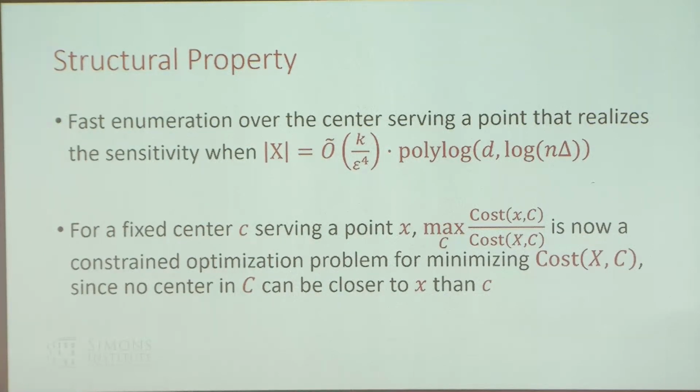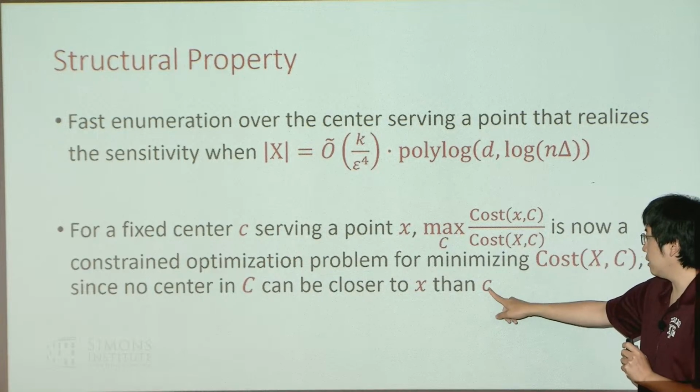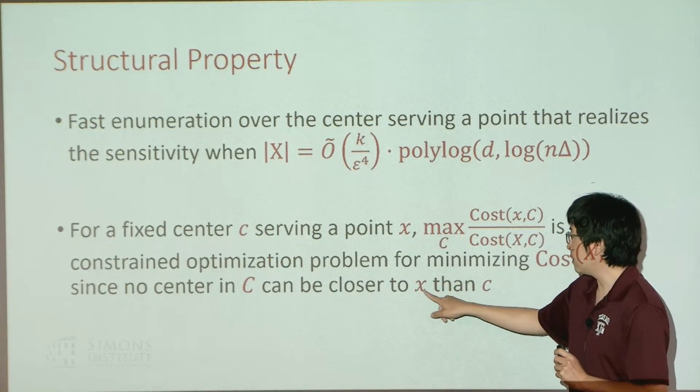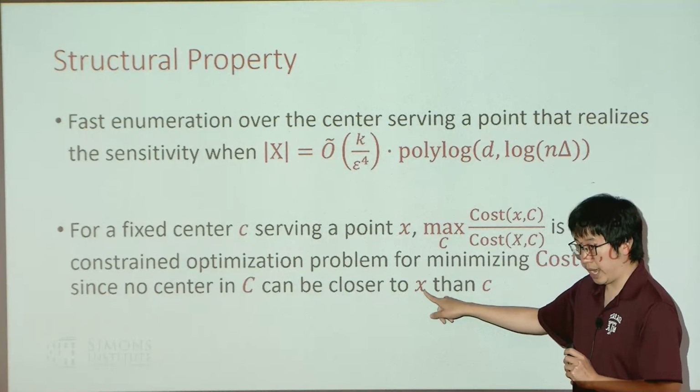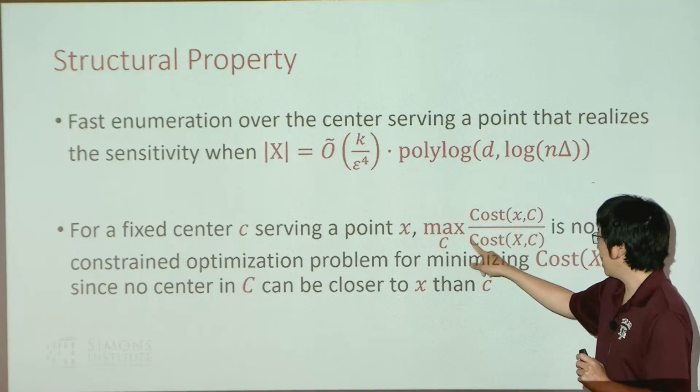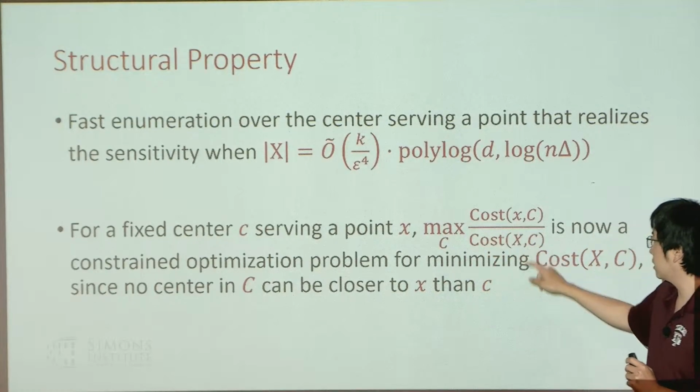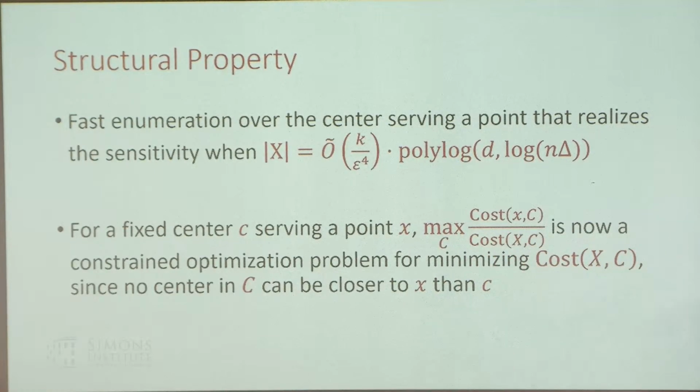We want to solve this constrained optimization problem by guessing a center C that achieves the maximum importance for this point x. And now we want to minimize the actual clustering cost of a set C whose closest center to the point is our guess.